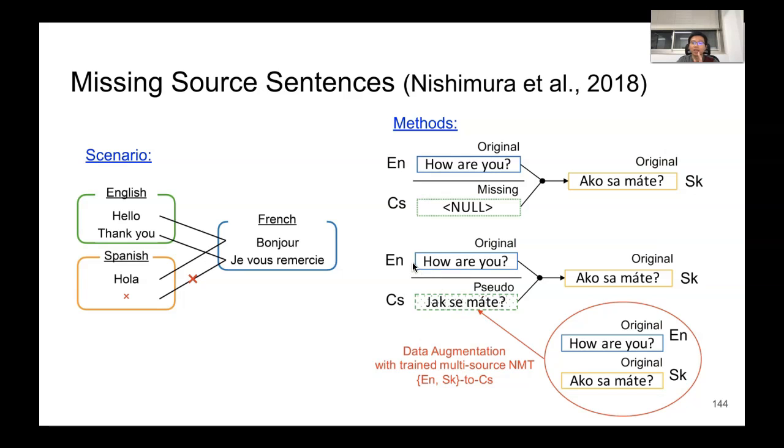So we can create a multi-source translation system to produce a pseudo corpus, then use this pseudo corpus to translate again. So that's the missing source sentences approach that's proposed by this paper. Two approaches, and let's see how it works.